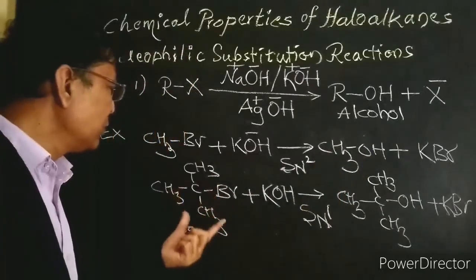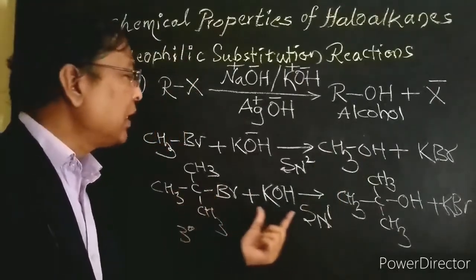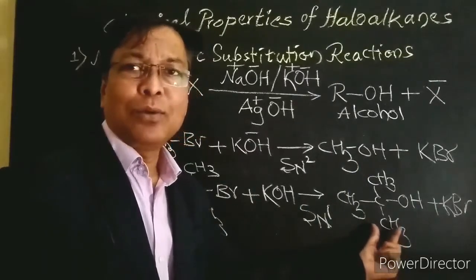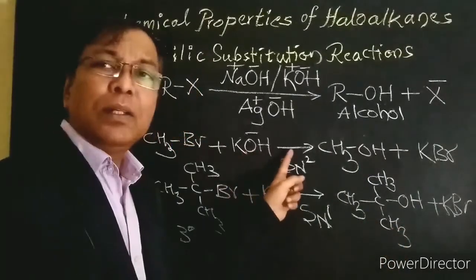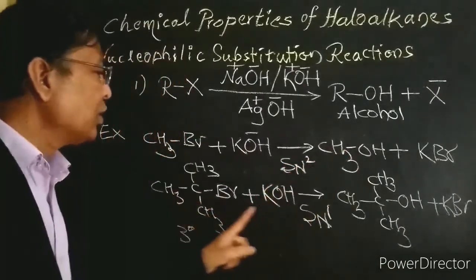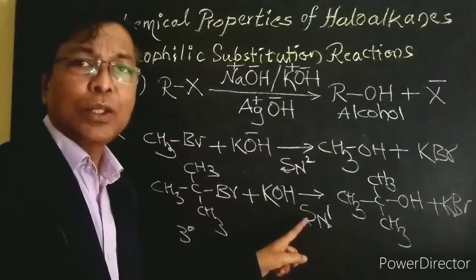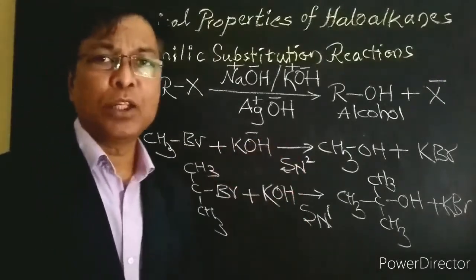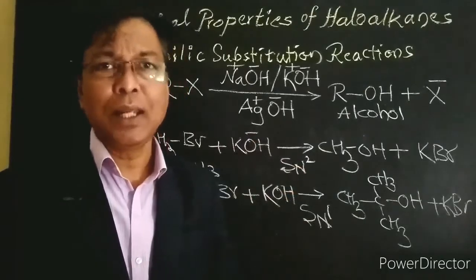And if tertiary butyl bromide reacts with KOH, it gives tertiary butyl alcohol. And this reaction takes place according to the Sn2 reaction mechanism, and this one according to the Sn1 reaction mechanism. What the Sn1 and Sn2 reaction mechanisms are, we are going to study in detail later.